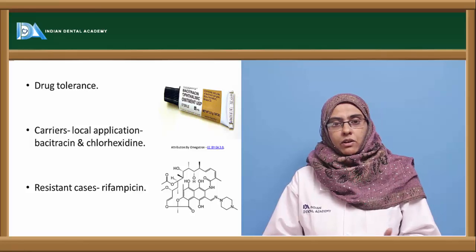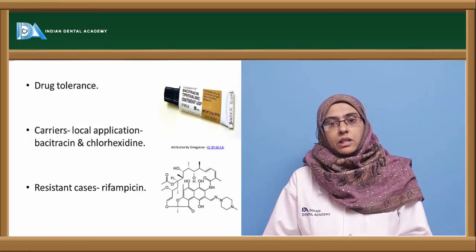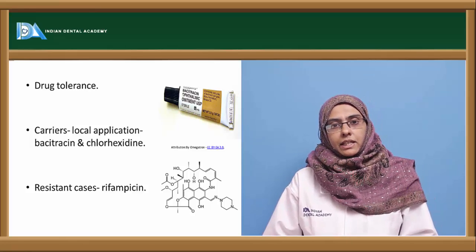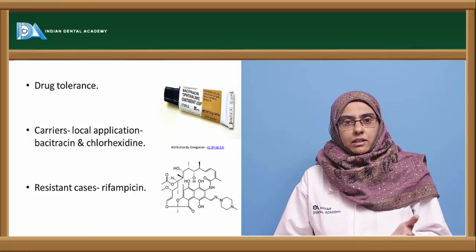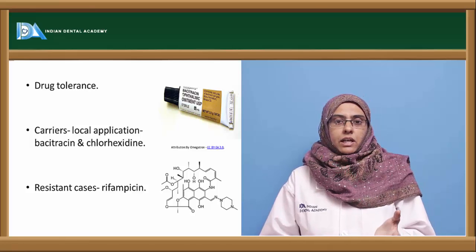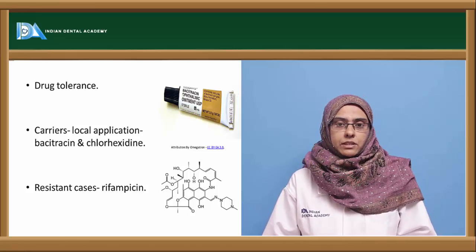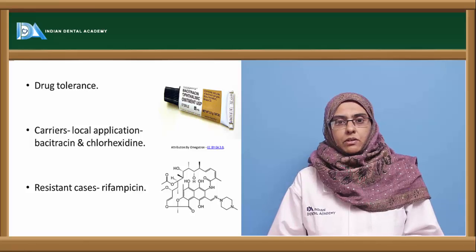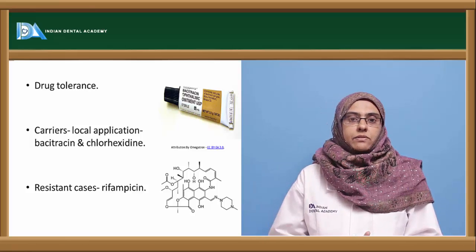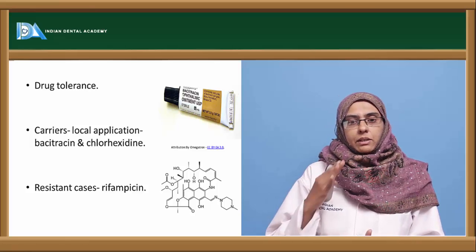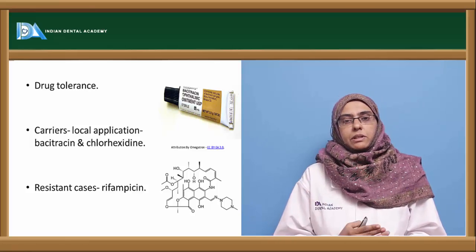And drug tolerance is a very important concept, because the organism tolerates the drug, that is, it is getting inhibited but not killed. So when you are going for an antimicrobial susceptibility test, the dosage you give should be greater than the minimum inhibitory concentration, because at that particular minimum inhibitory concentration it is only inhibiting the organism.